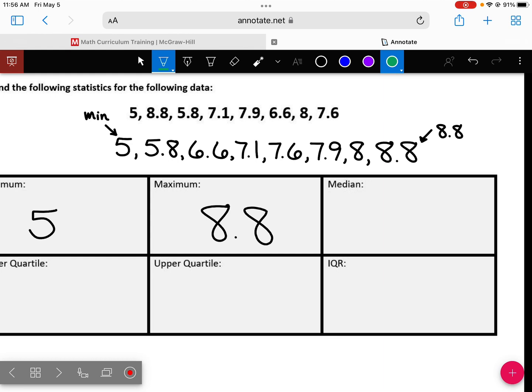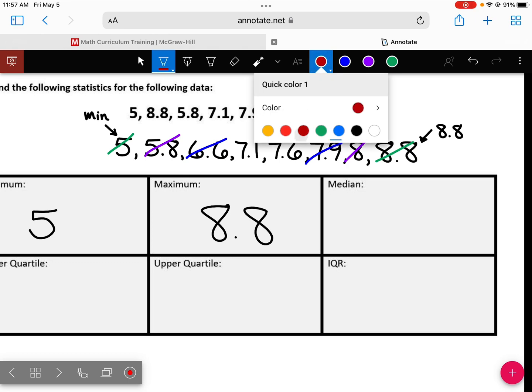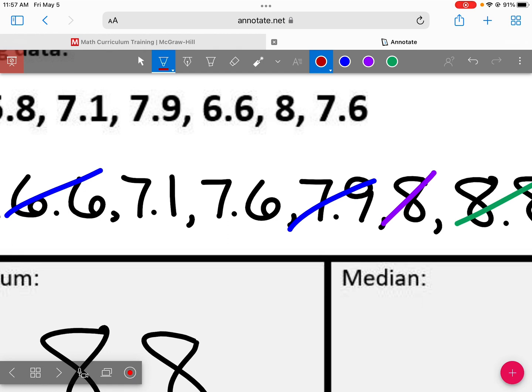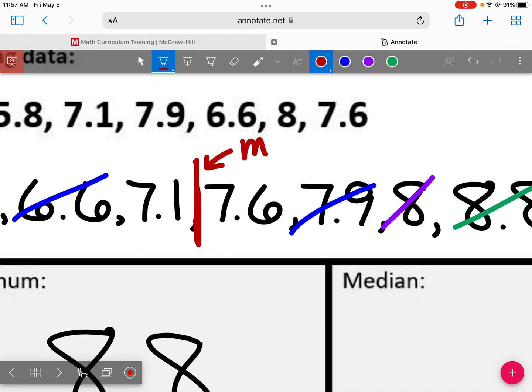So I cross out the top and bottom. And then I move to the next two. And then I cross out 6.6 and 7.9. What happens if I cross out 7.1 and 7.6? I got nothing left. So I have two numbers in the middle there, right? Add them together and divide them, because the median is halfway in between these two numbers.